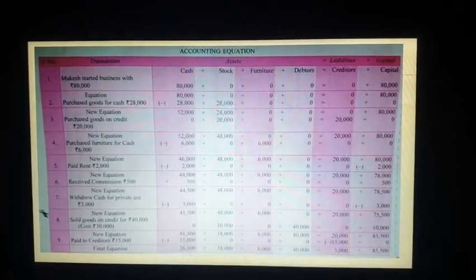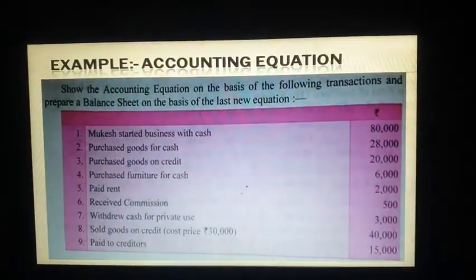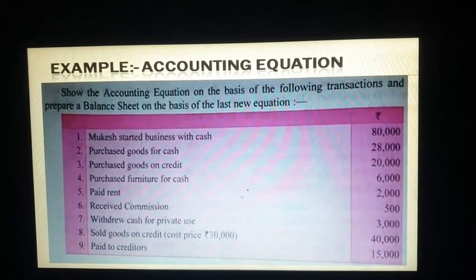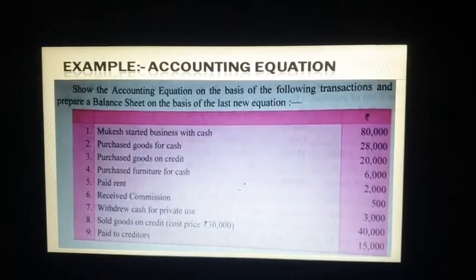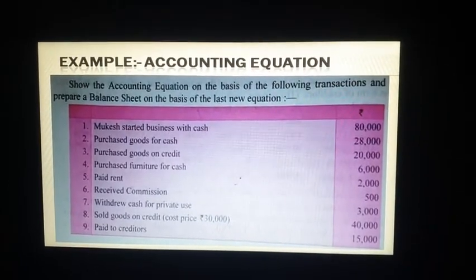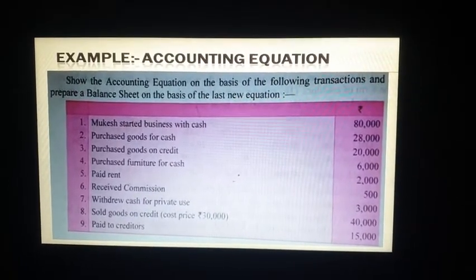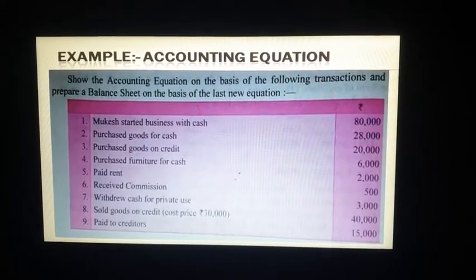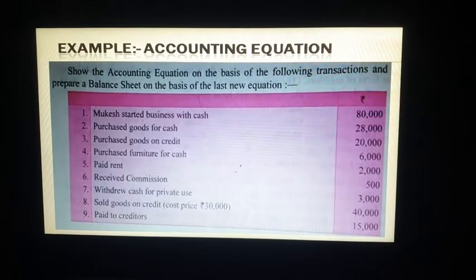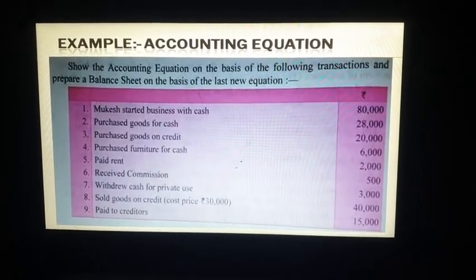Now the sixth point. In this sixth point, received commission. Now commission is your income because the word received is given there. So whenever received is given, then cash is coming into the business and commission is your income, and income will be added to the part of capital. So in this point, two effects will be there.